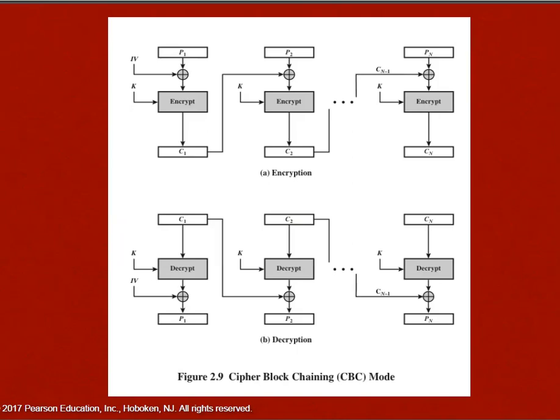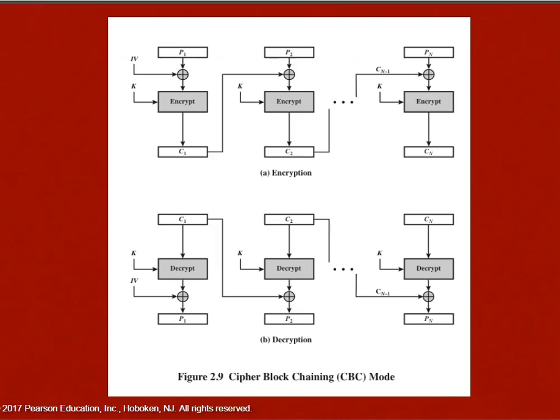In cipher block chaining, or CBC, the input to the encryption algorithm is the exclusive OR of the current plaintext block and the preceding ciphertext block. The same key is used for each block. In effect, we have chained together the processing of the sequence of plaintext blocks.